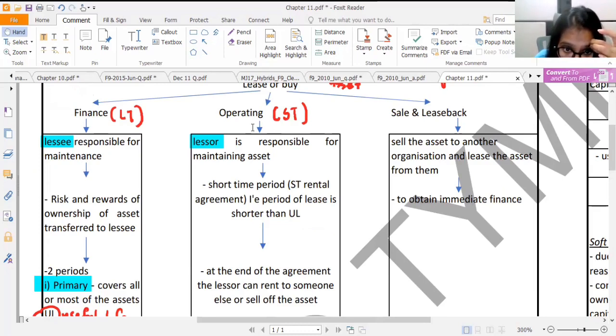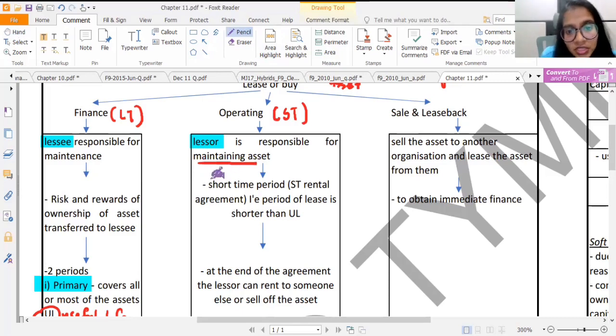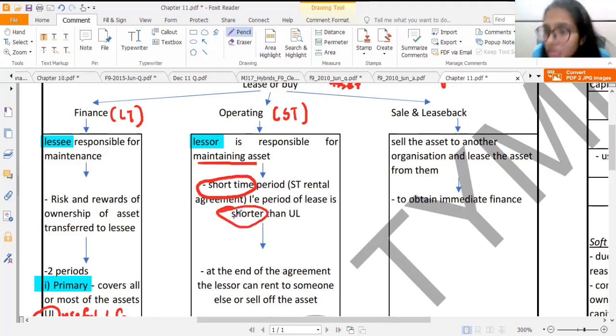So you can see here, the lessor is responsible for maintaining the asset, and it is normally for a short time period, shorter than its useful life. Normally, guys, it's very short, lesser than 5 years, right? That's why you call it a short-term lease.